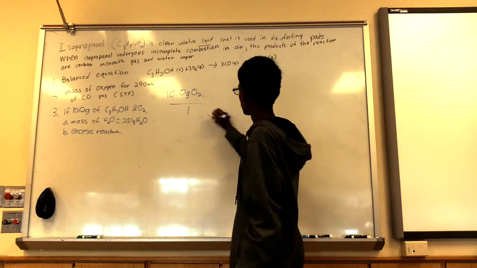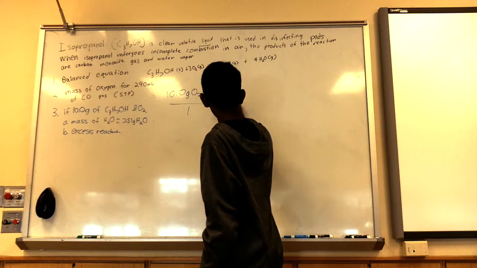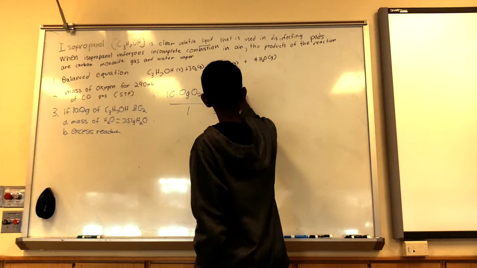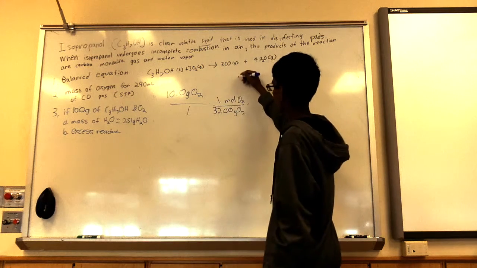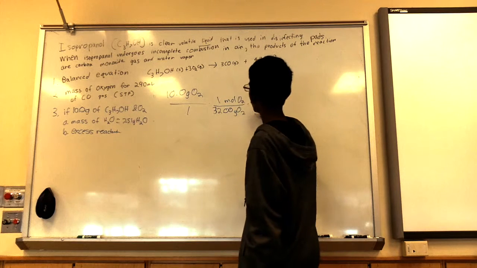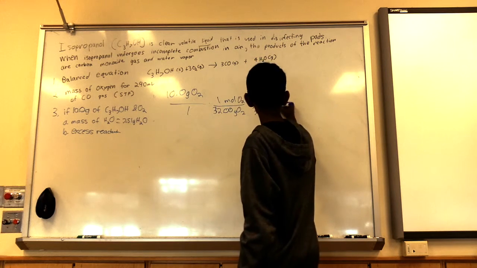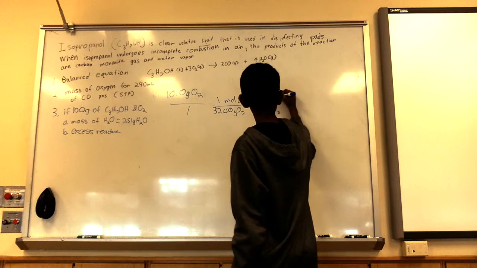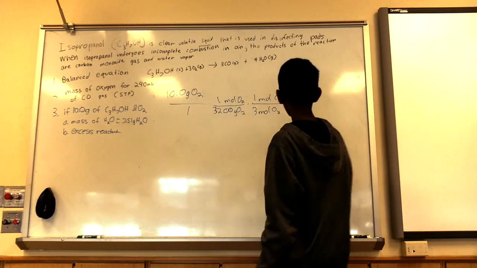So first we need to convert this to moles. So again, 32.00 grams of O2 per 1 mole. Then if we look at our ratios up here, there are 3 moles of O2 per 1 mole of C3H7OH.